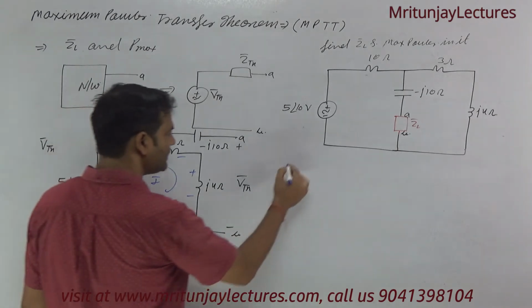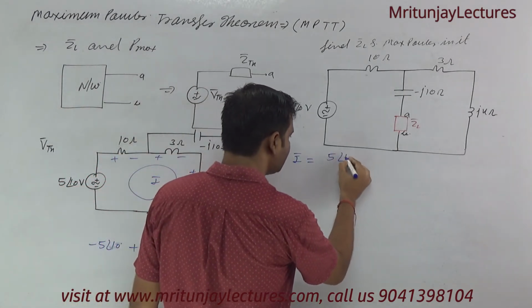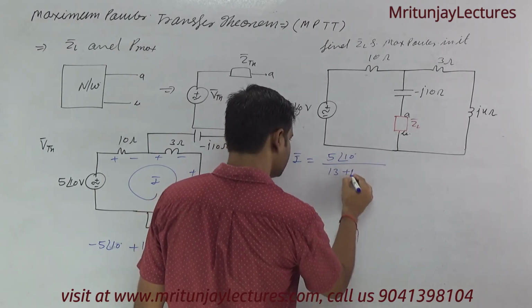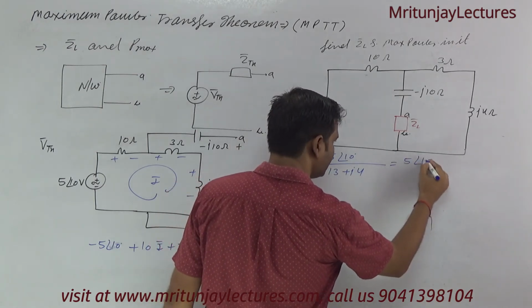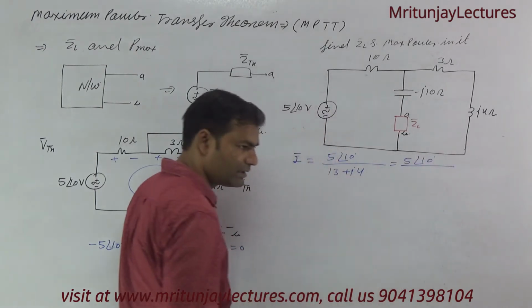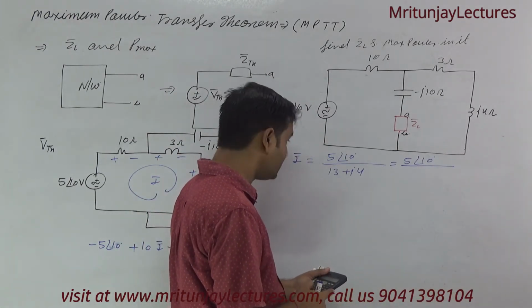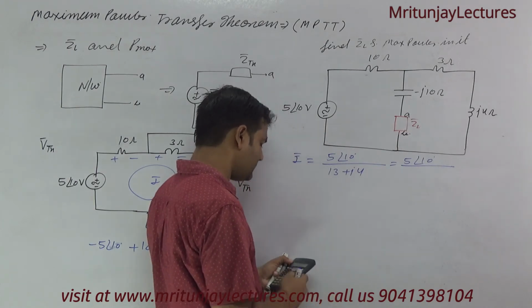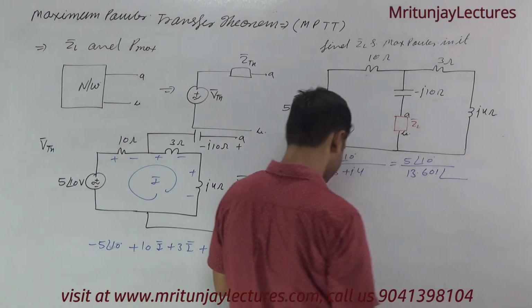So what about I? I will be equal to 5 at the angle 10 divided by 13 plus J4. Here 13 plus J4 is written as 13.601 at the angle 17.102.